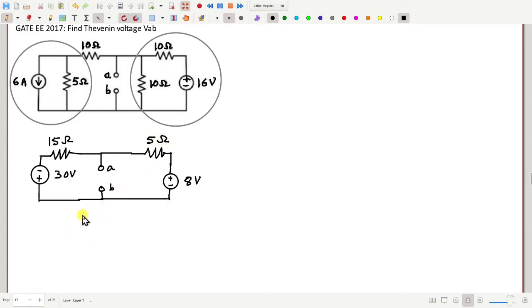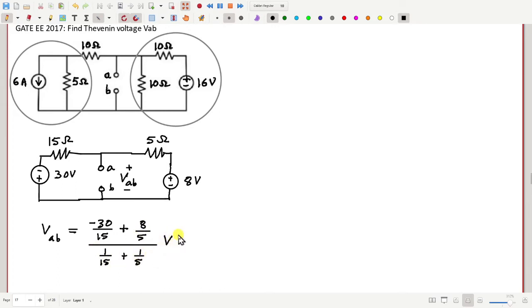So how much will be VAB? I can write in this way, VAB will be minus 30 by 15 plus 8 by 5, divided by 1 by 15 plus 1 by 5.